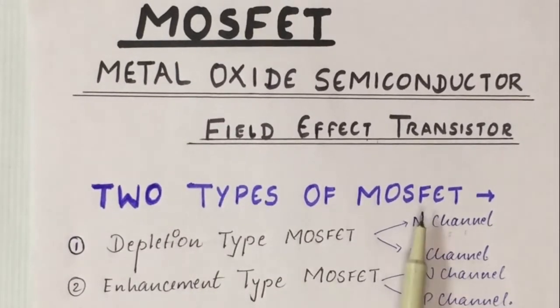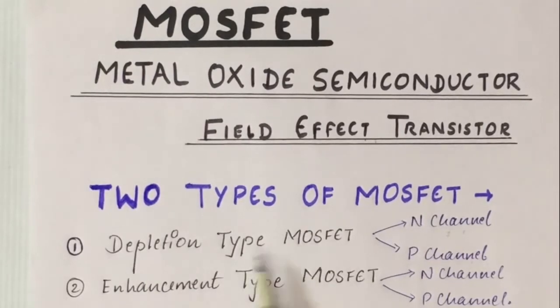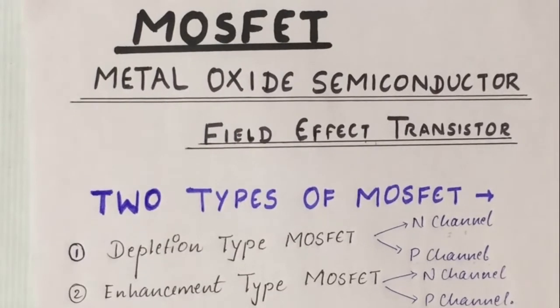There are two types of MOSFET, depletion type MOSFET and enhancement type MOSFET. Depletion type MOSFET is further classified as N-channel depletion type MOSFET and P-channel depletion type MOSFET. Same as that, enhancement type MOSFET is also classified as N-channel enhancement type MOSFET and P-channel enhancement type MOSFET.